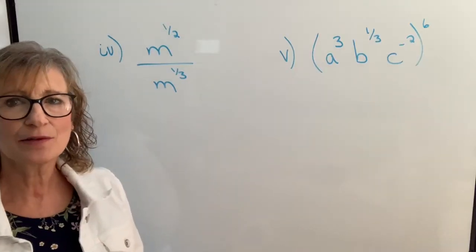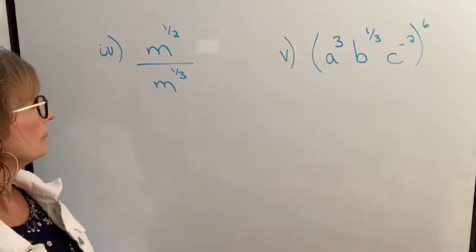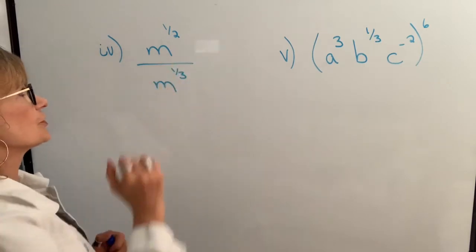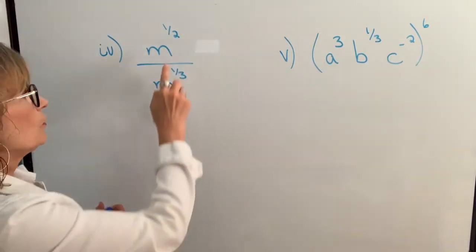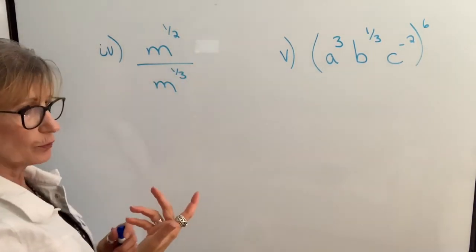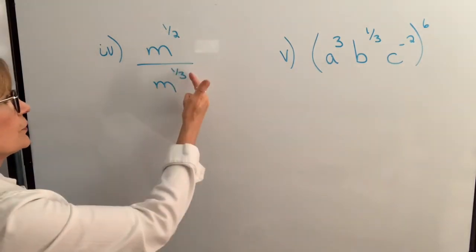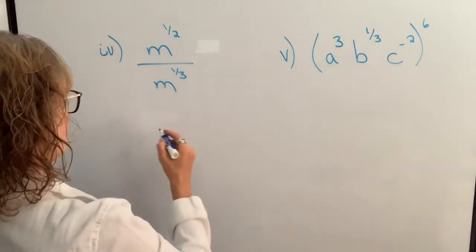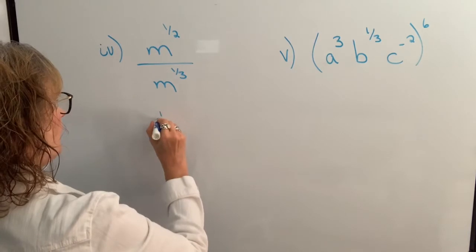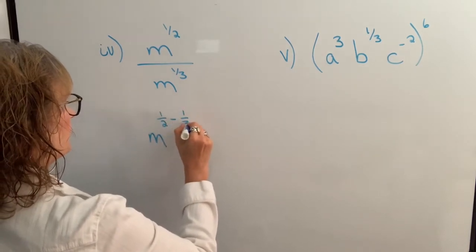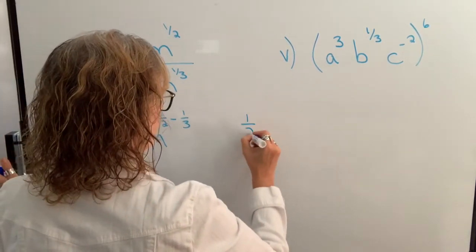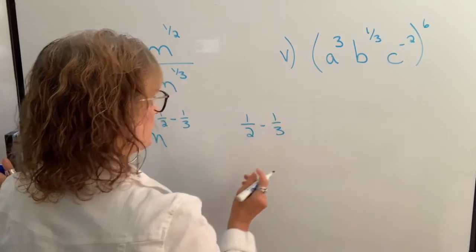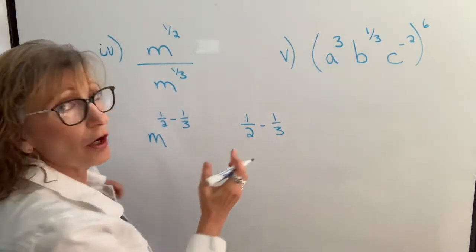All right, our next example involves division. We have fractional exponents, but the rule is still the same. We can divide by the rule that we used before. Because 1/2 is larger than 1/3, my result is going to be m to the 1/2 minus 1/3. And a quick review of fractions. When you're subtracting, you need a common denominator.